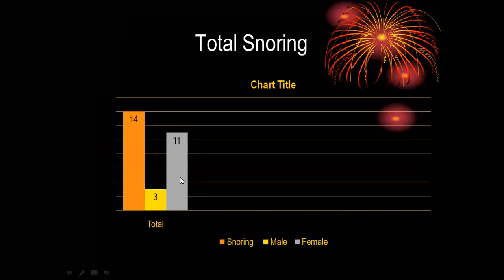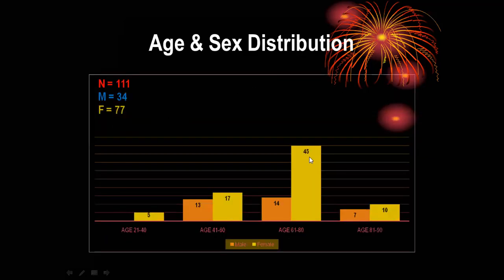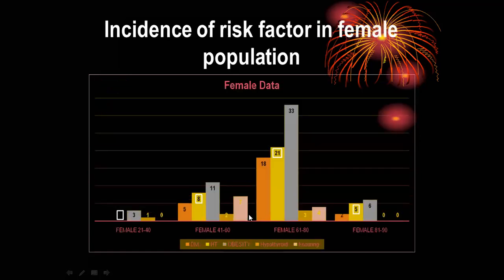On top of that, we could not do sleep apnea studies in these subjects. But whatever study we did on 14 subjects, 3 were male, majority of them female. And again, in the age and sex distribution, the majority are females at 60 to 80, but in males, it starts rising at a much earlier age of 40 plus.